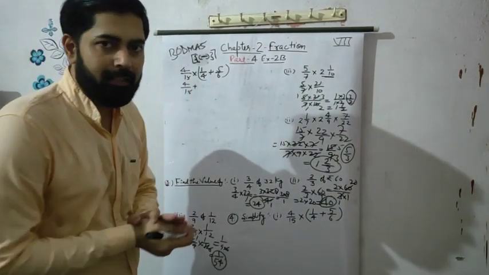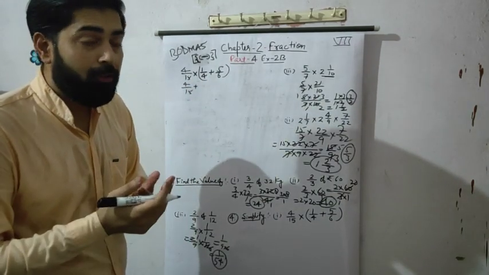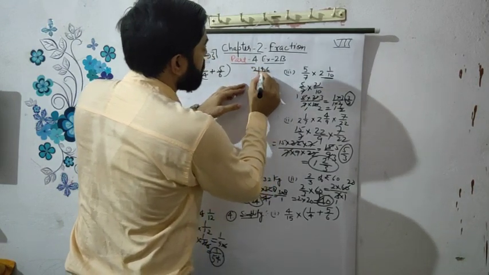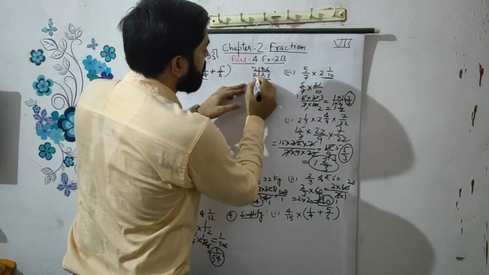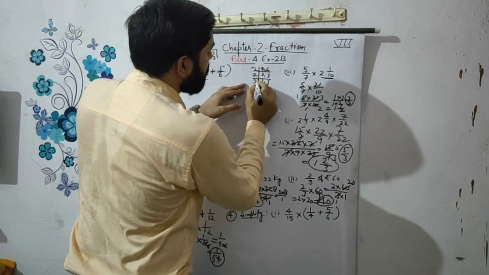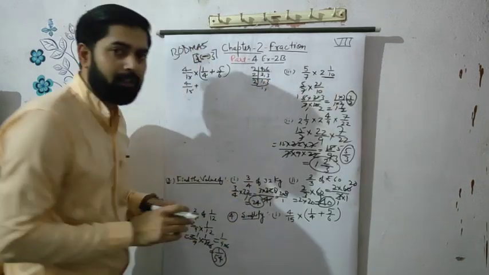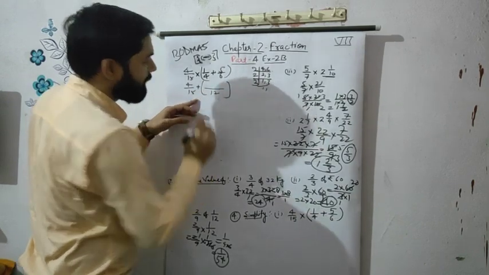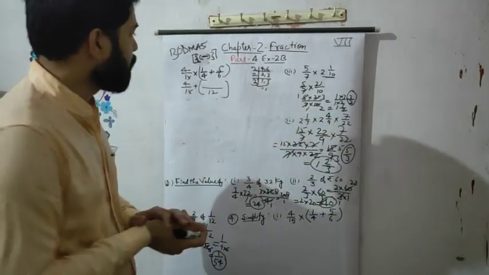So find the LCM of 4 and 6. You can find LCM by this method. 4 and 6: 2, 2, 3. Then 2, 1, 3. Then 2, 3, 1, 1. 2 2s are 4, 4 3s are 12. Then LCM will be 12, and that is the common denominator of both fractions.